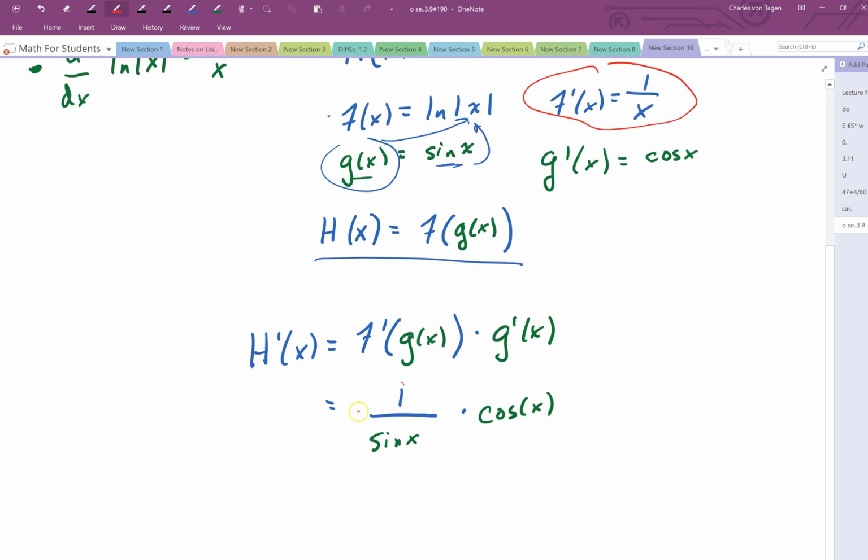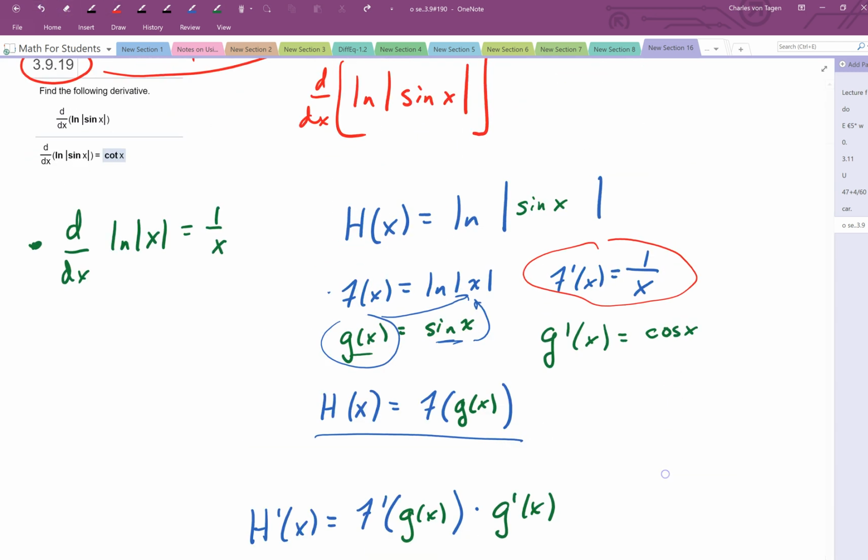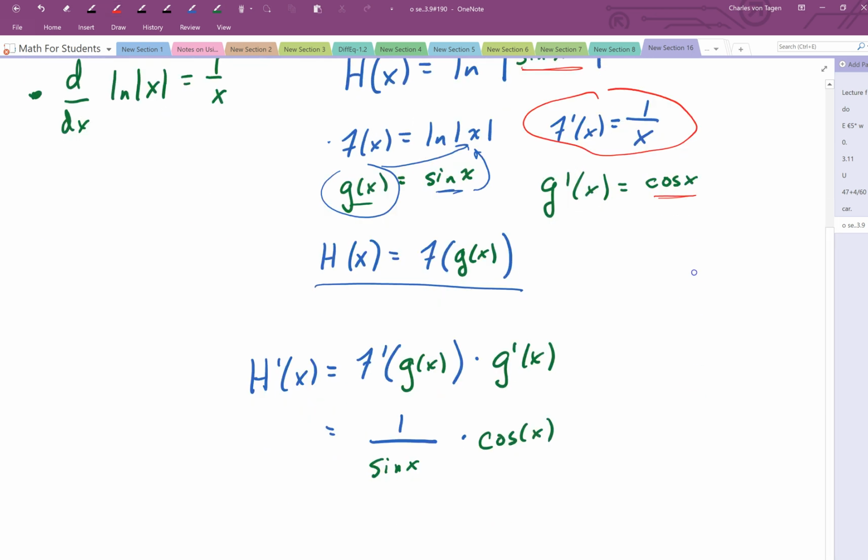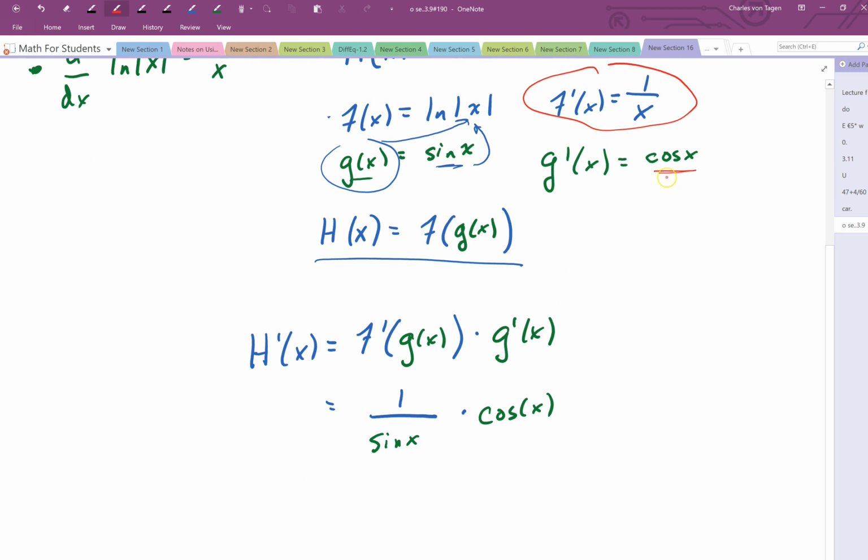So we wrote just 1 over that expression. But then by the chain rule, we had to multiply by the derivative of that inner expression. So we multiplied that 1 over the expression by the derivative of the expression, which gives us the cosine of x. Okay, so we're done with the calculus portion of this problem.